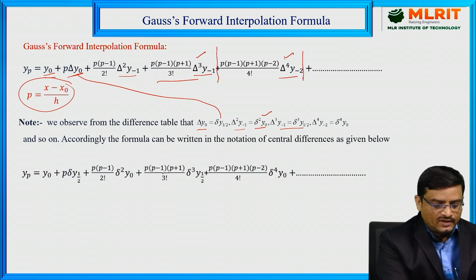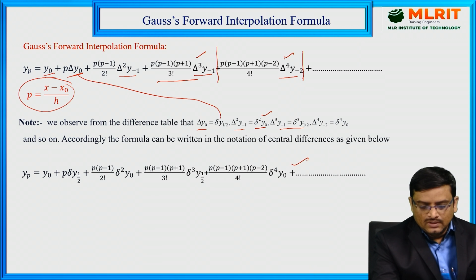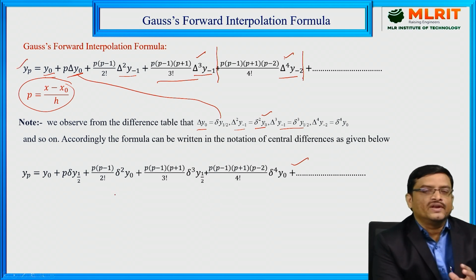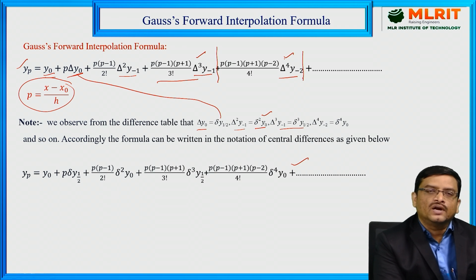So after replacing that, this is our Gauss forward interpolation formula in small delta, that is in the central difference operator form. But basically we will use the forward operator formula, since you are very familiar with the forward operator and how to construct it, and how to represent the forward values of y with the forward difference operator.